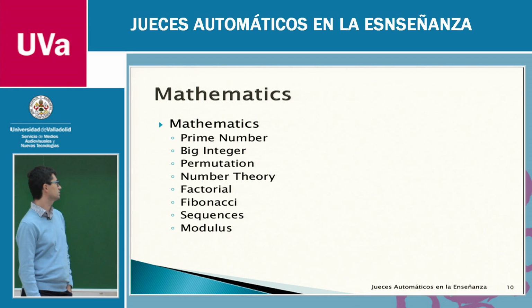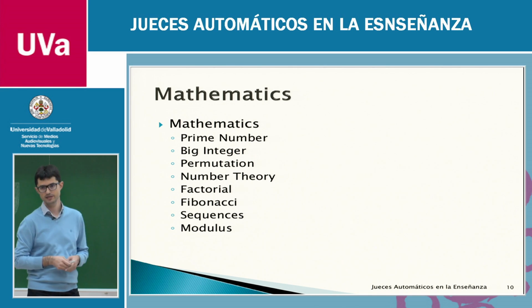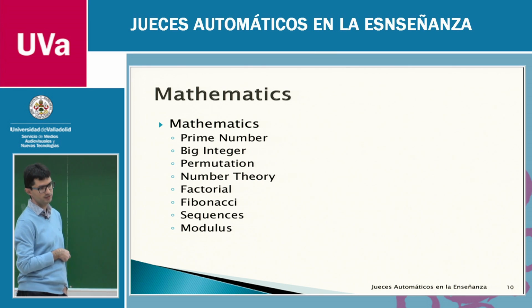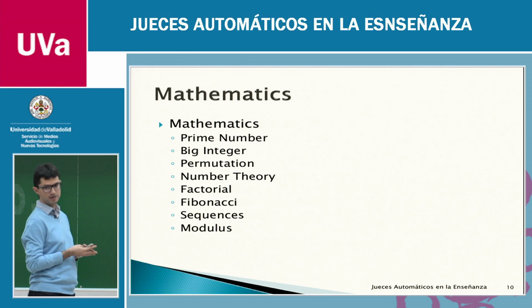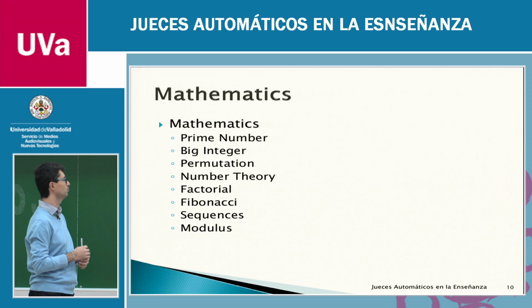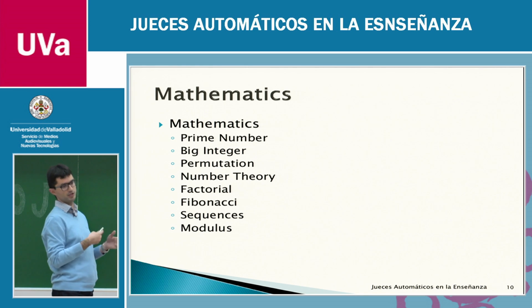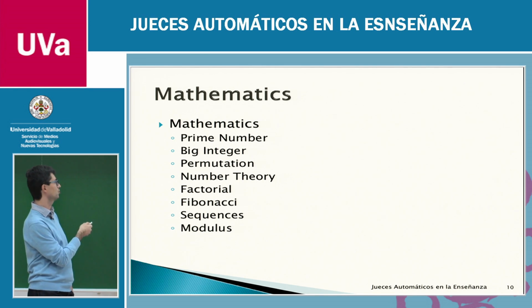Talking about mathematics, there are some types of problems you can find in the contest. Some of them are here. Most of the time, if you know that a problem is about something, maybe you can remember a past problem you solved and do it more easily. So some of the topics you can find here are prime numbers, or things that when you calculate them are so big that you need integer precision, so you need to use some kind of big integer.